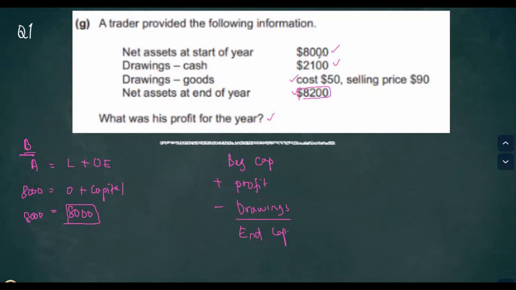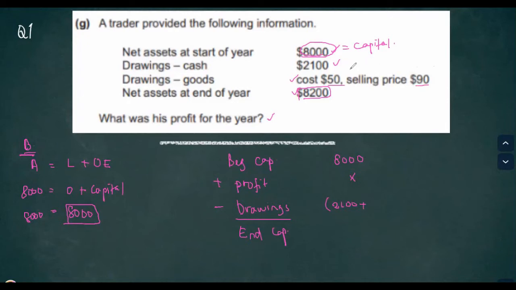So we know that our net asset must equal our capital. So beginning capital was 8,000. Profit for the year we don't know. How much is our drawings? Our drawings was 2,100 plus, now drawings of goods, they give you cost price and selling price, right?